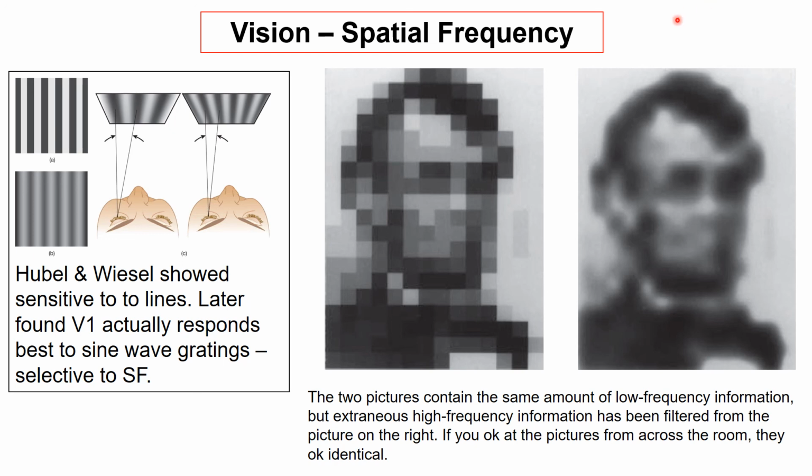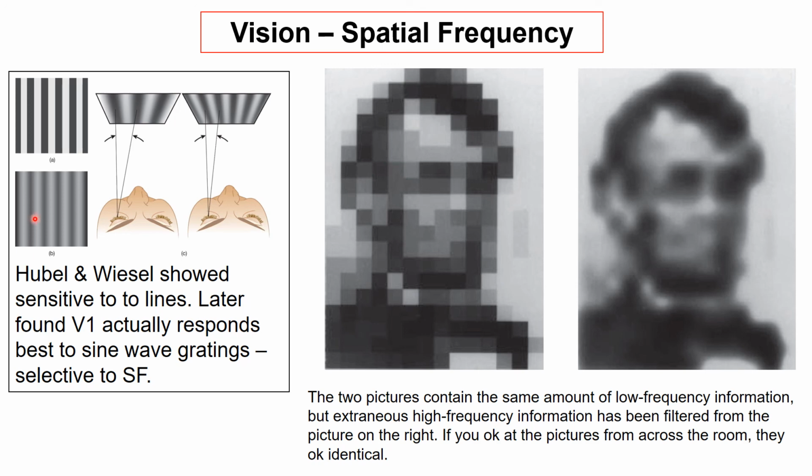Now, an important feature of visual processing concerns spatial frequency. Hubel and Wiesel showed that primary visual cortex neurons were sensitive to lines. Later researchers found that V1 actually responds best to sine wave gratings, which is what we see over here. A sine wave is, of course, just a smooth oscillating line, and we can envision a sine wave as alternating black and white bars.